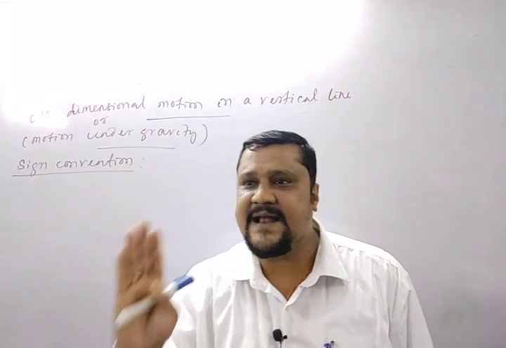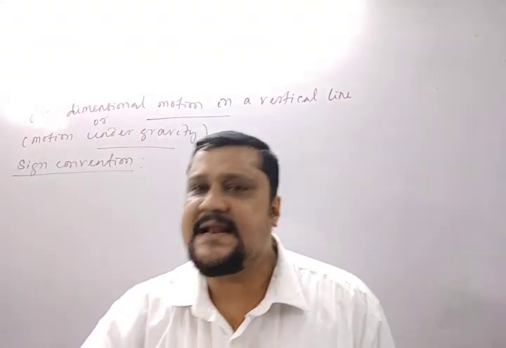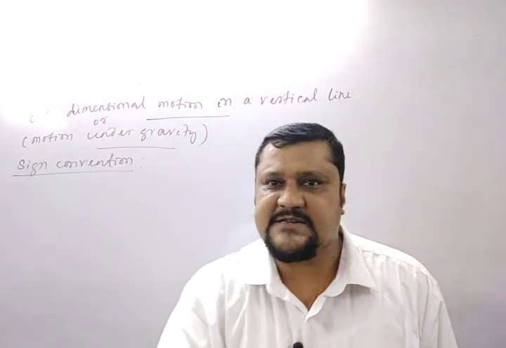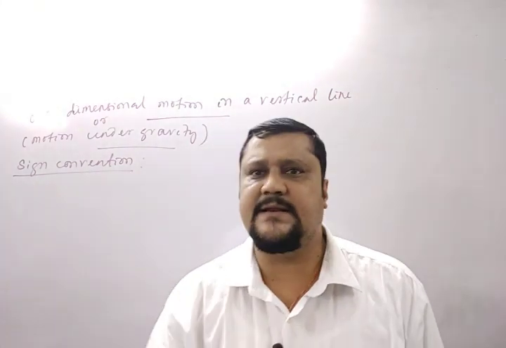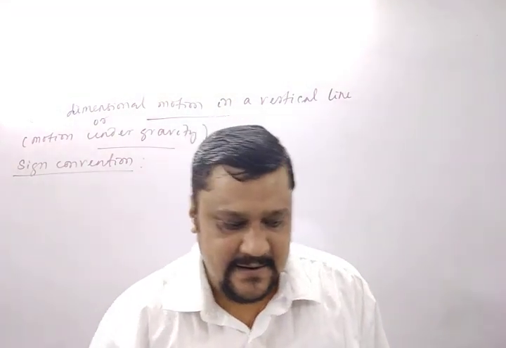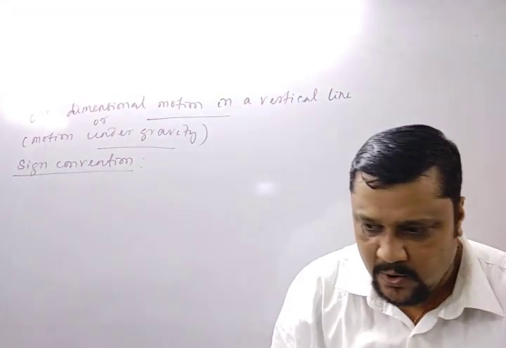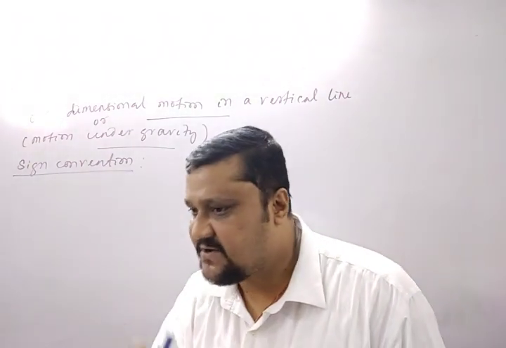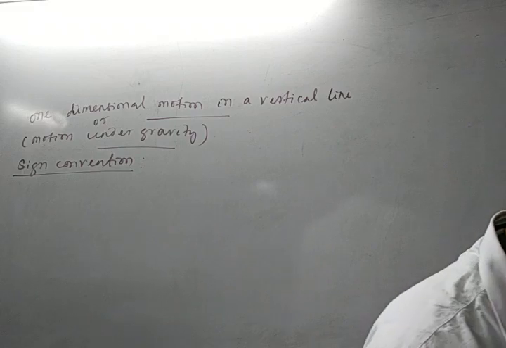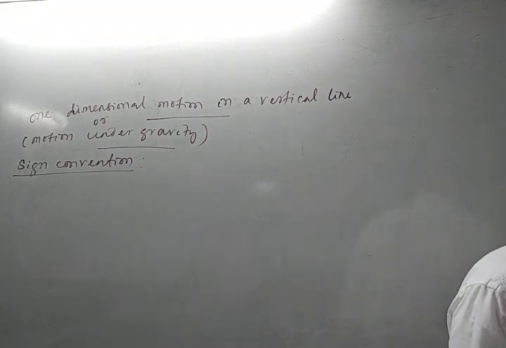So we will apply the sign convention on the distance or displacement covered by the body, the initial or final velocity, or the acceleration. Now think about what type of acceleration is there in the body when it is falling under gravity.